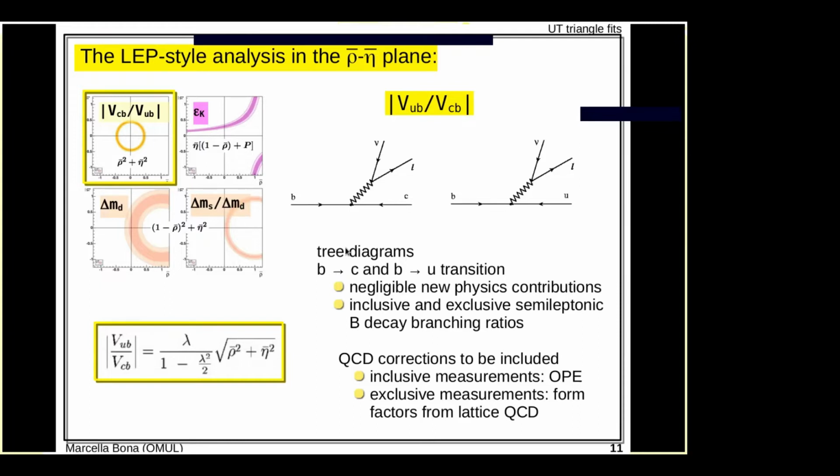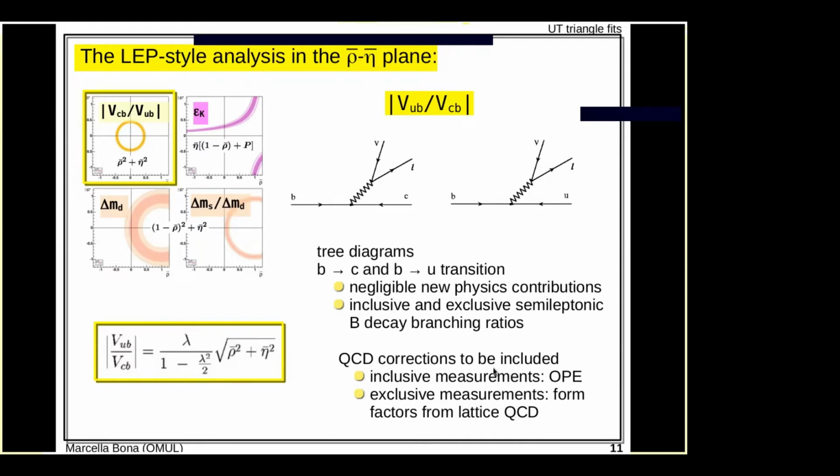Now, there are two ways you can look at this. From the experimental point of view, you can use an inclusive analysis or an exclusive analysis of semi-leptonic B decays. These two analyses have very different implications from the point of view of both experiment and theoretical assumption, and they need extra input from operator product expansion and/or lattice QCD.